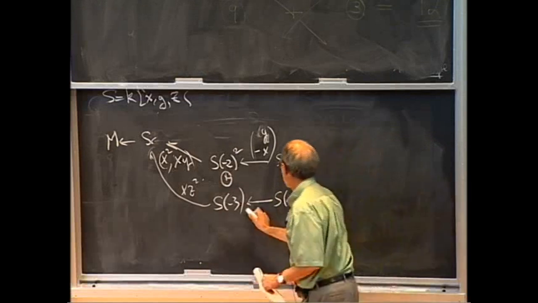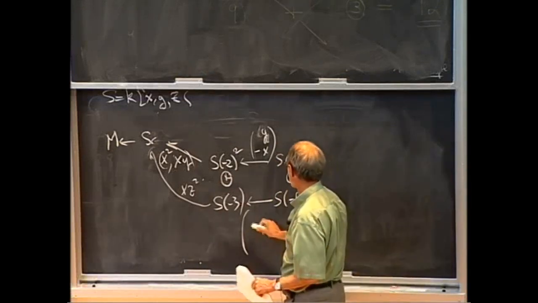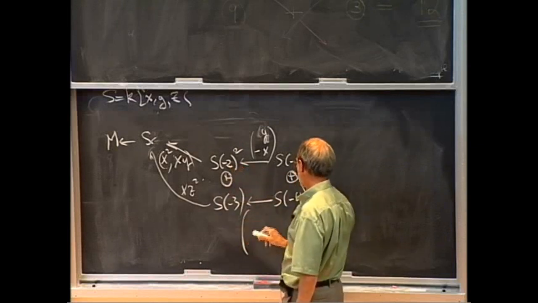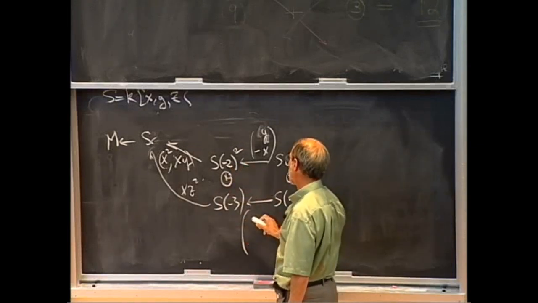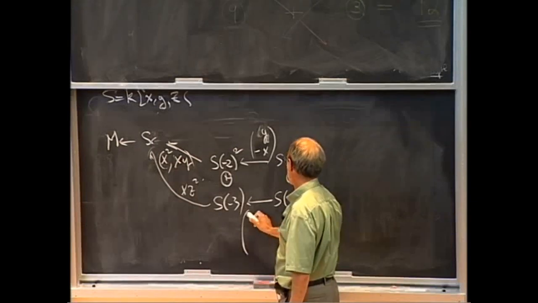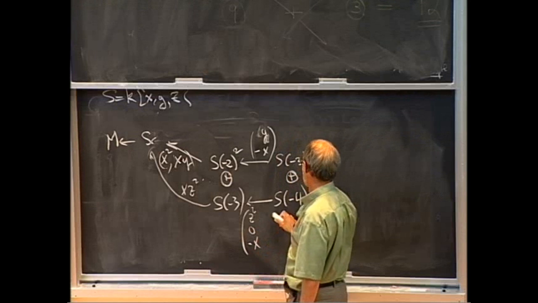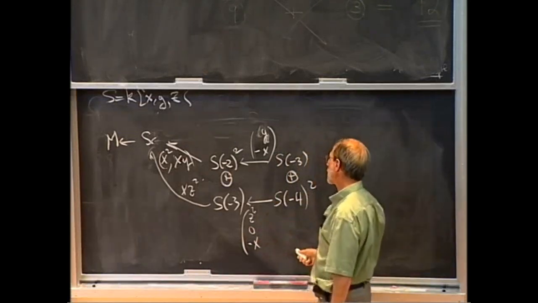And what are they? Let's see. So I'm going to take this element as the first one. So I have something like z squared, 0, minus x, and the columns are the relations.